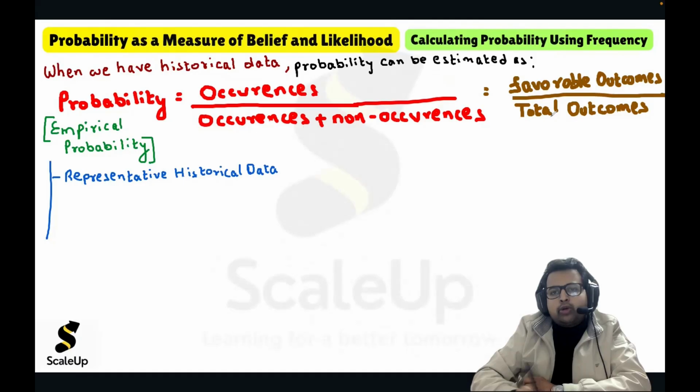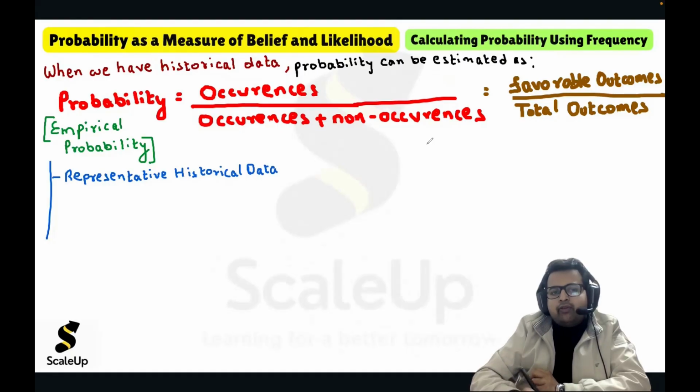Here we are talking about total outcomes, and in the numerator we have favorable outcomes. For example, let us suppose I throw a dice. The total number of possible outcomes will be 6. Let us suppose I want to calculate the probability of getting 3. The favorable outcome will be 1, that is 3, and total outcomes is 6. So 1 by 6 will be the probability of getting a 3.